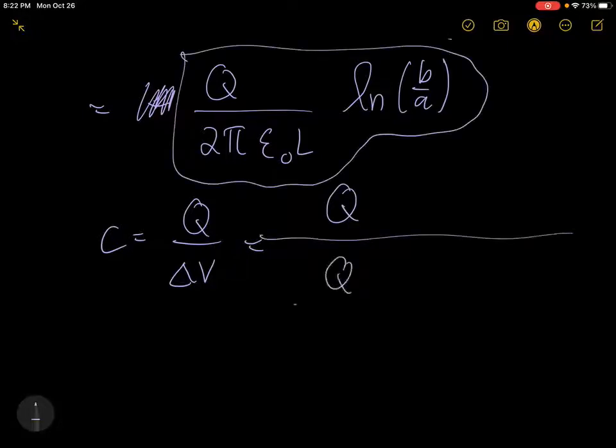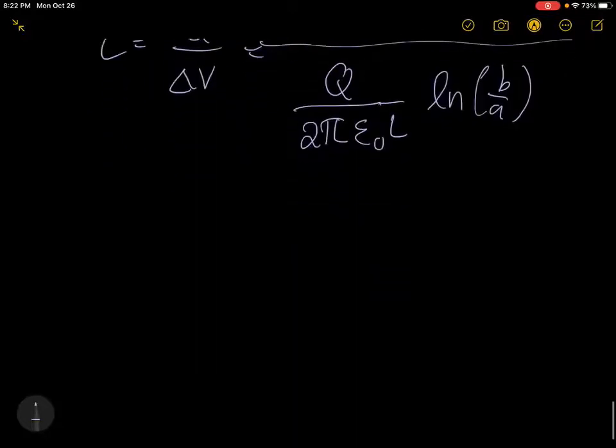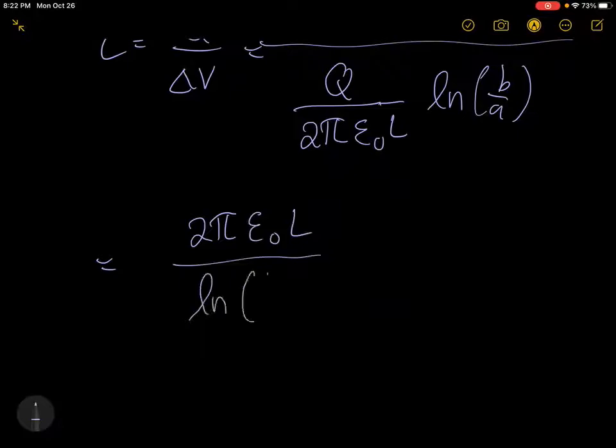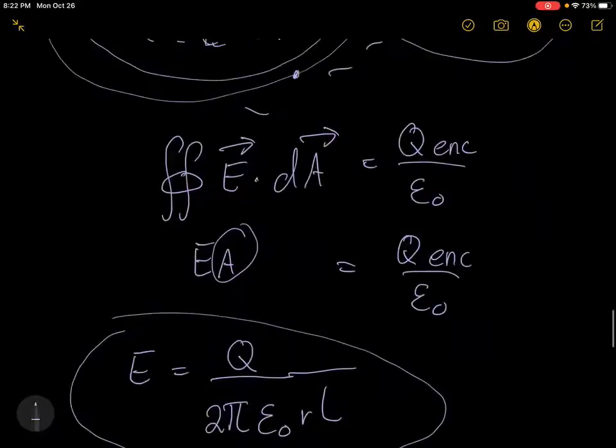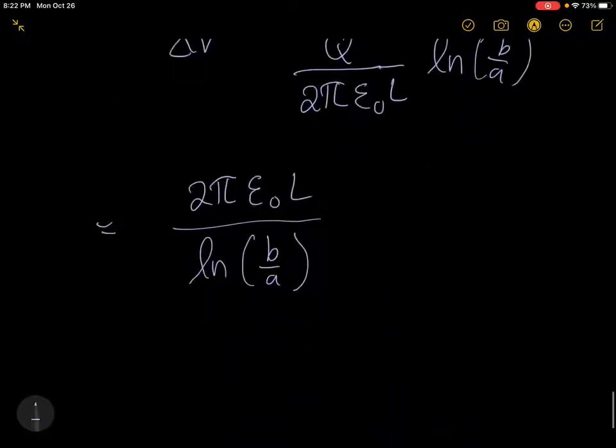So we just divide, and we can already see that we can cancel out the charges. When we divide, we get that the capacitance for a cylindrical capacitor is 2 pi epsilon naught L over the natural log of B over A. So yeah, this is the derivation.